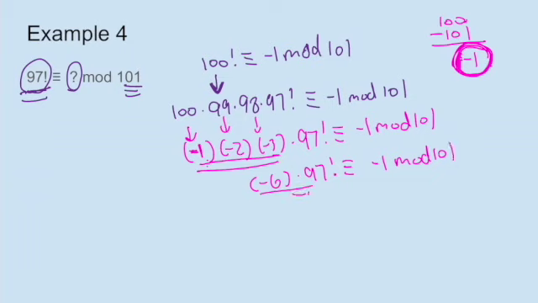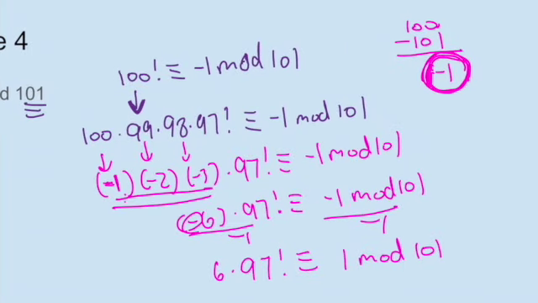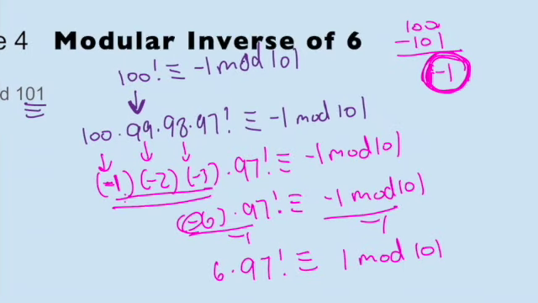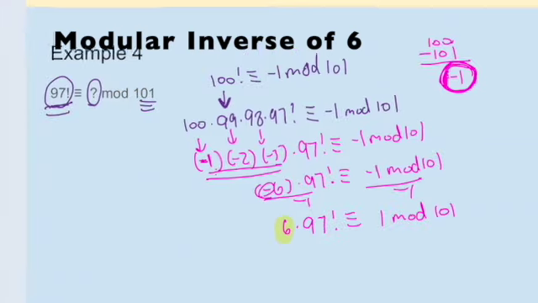So let's divide it by -1 because I don't like the negative in front of the 6. So we have 6 times 97 factorial is congruent to 1 mod 101. And now let's use the Euclidean algorithm to find the inverse of 6 in mod 101.